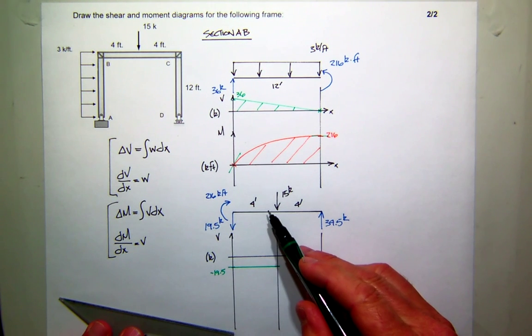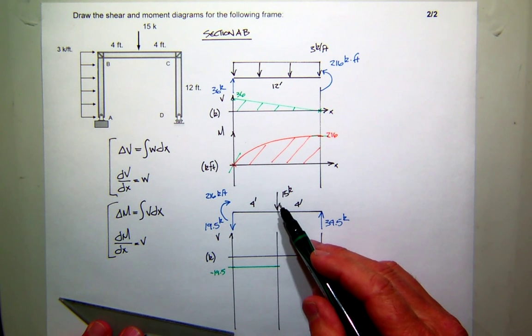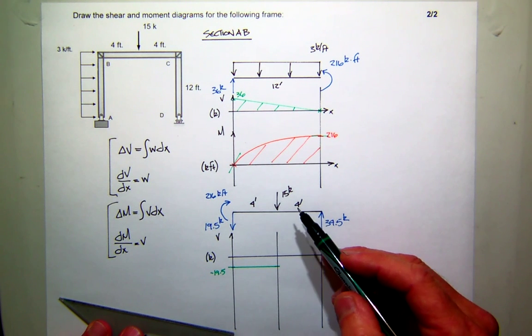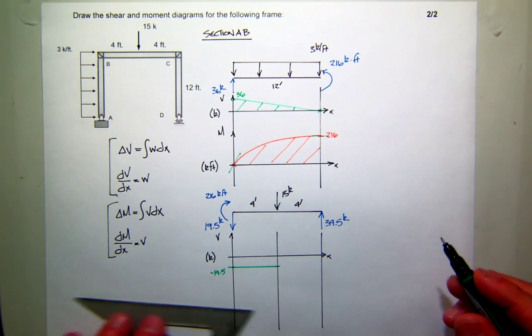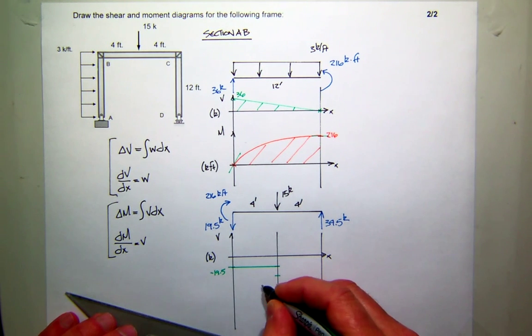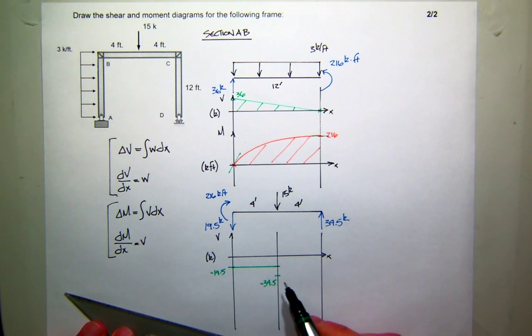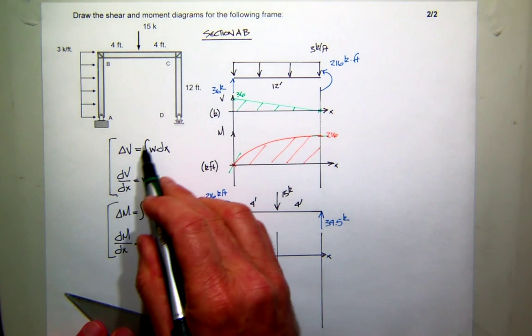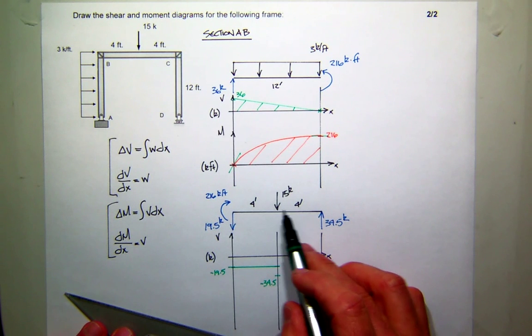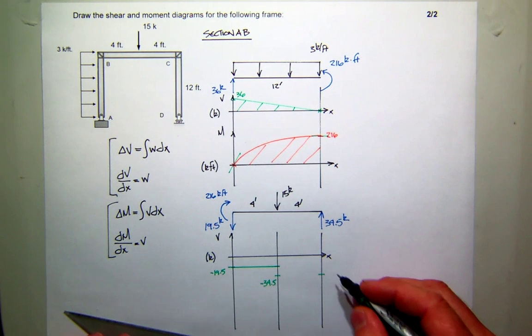Now, as we go from the left side to the right side and we pass by this 15 kip force, what happens? We drop down 15. So hopefully that'll bring us to 34.5. The change in shear over the last 4 feet is given by the area under the load diagram, which is 0, so it matches what we expect the shear to be here.